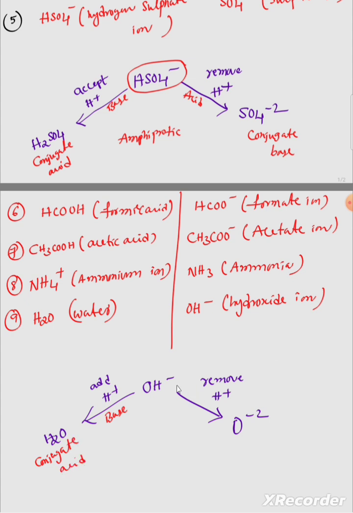Donating a proton, it acts as an acid and becomes the conjugate base. So OH minus can act as both acid as well as base. This is also amphiprotic.